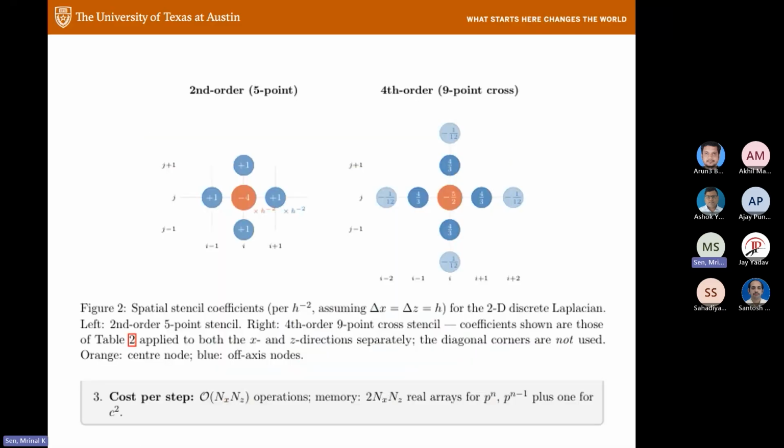Okay, so here I just wanted to show you in a standard grid how, in 2D, the grids are placed and how many grids you need for computing the wave field. So this is your second order. So in second order time marching, your stencil looks like this. So you want to update here and you have the wave field around there.